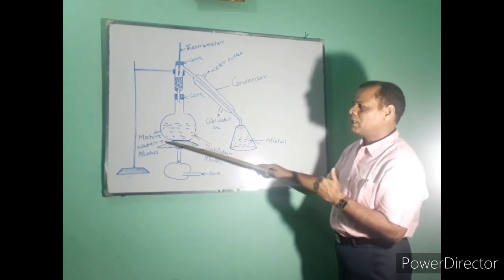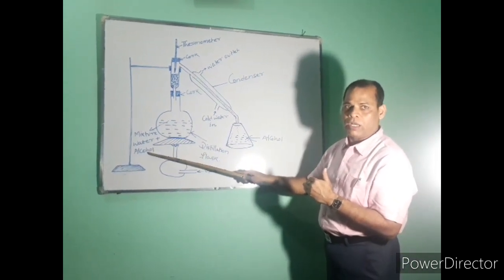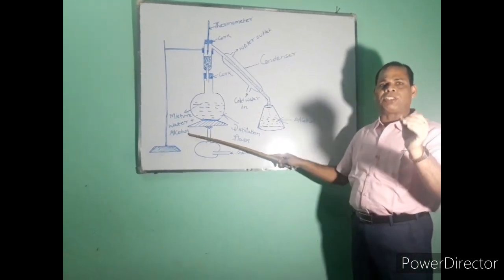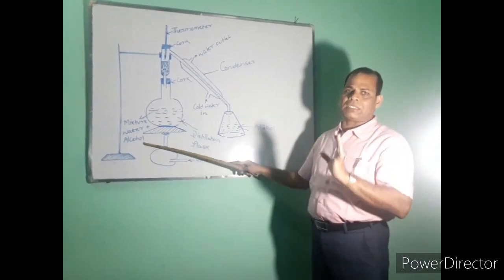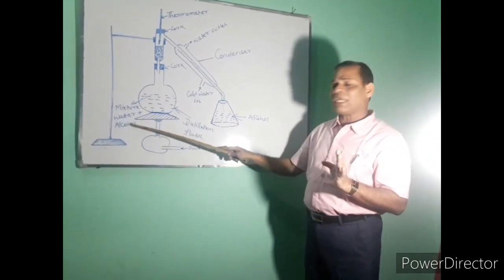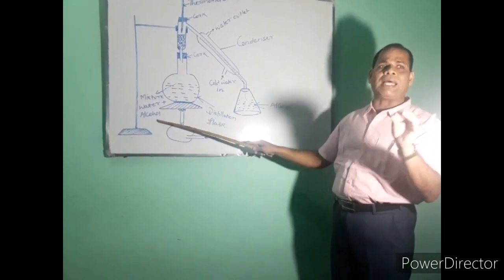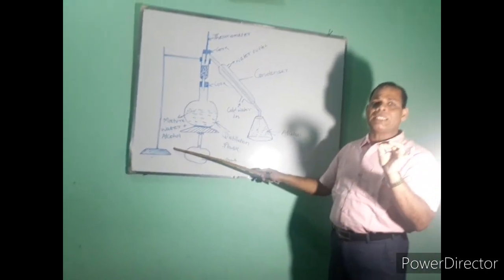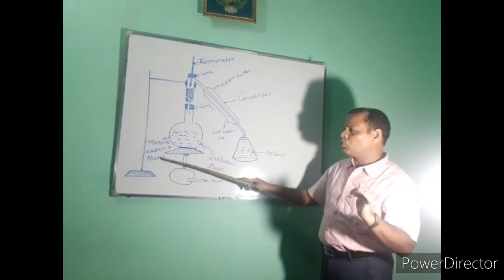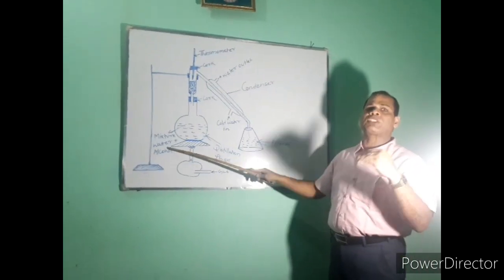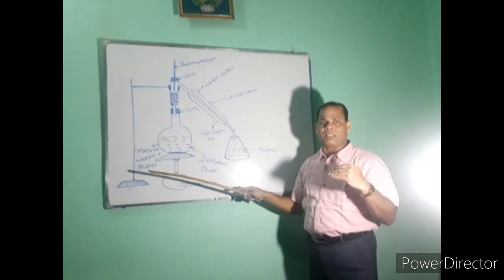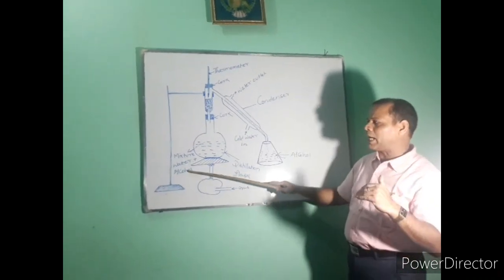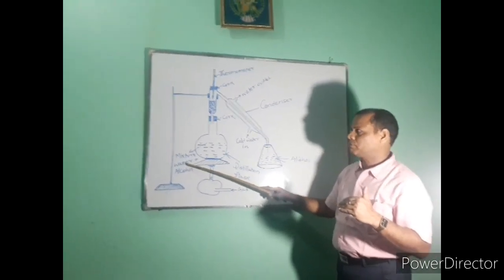As we know, pure water has a boiling point of 100 degrees Celsius and ethyl alcohol has a boiling point of 78 degrees Celsius. Here the two liquids are miscible with each other. Alcohol has a lower boiling point as compared to water.